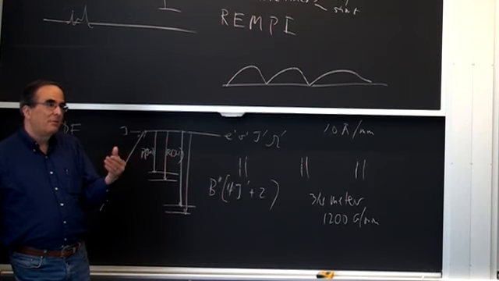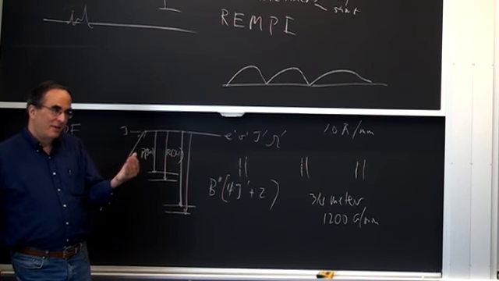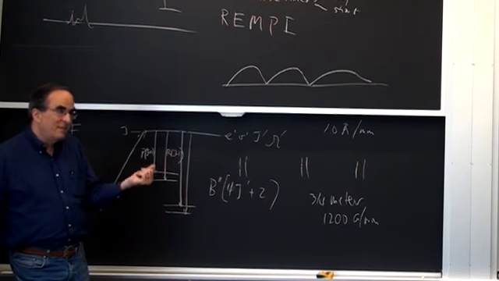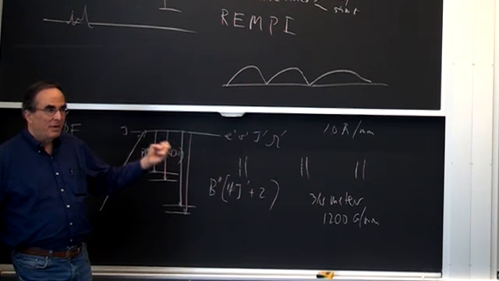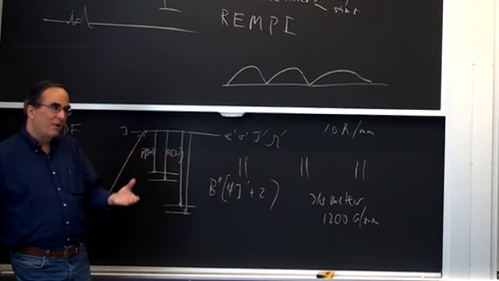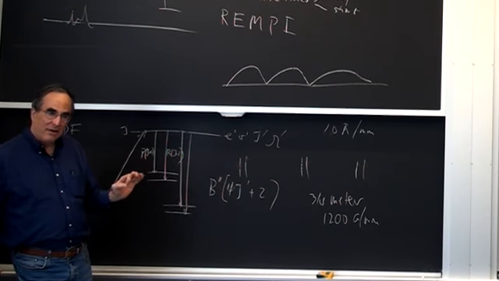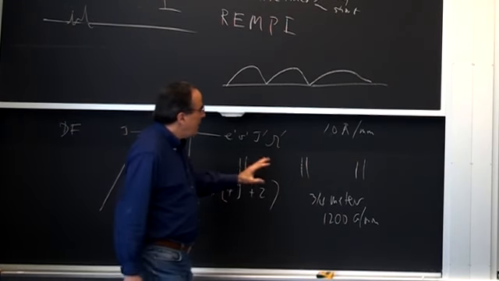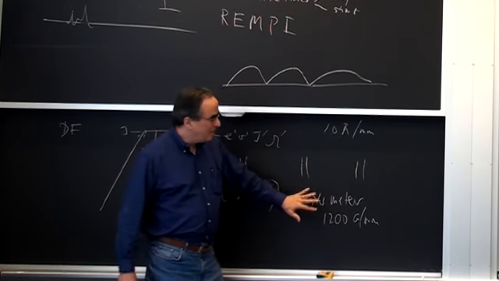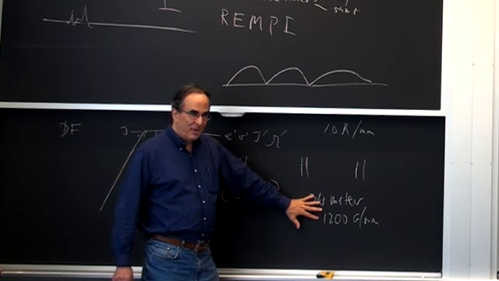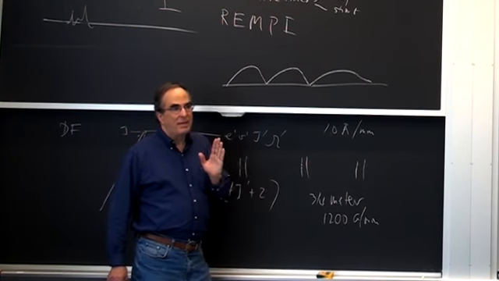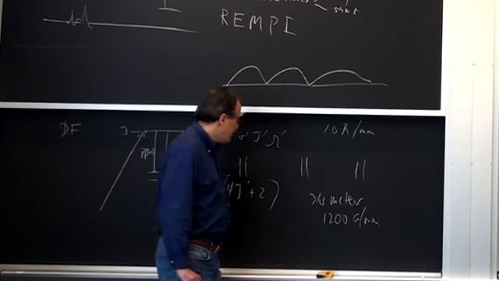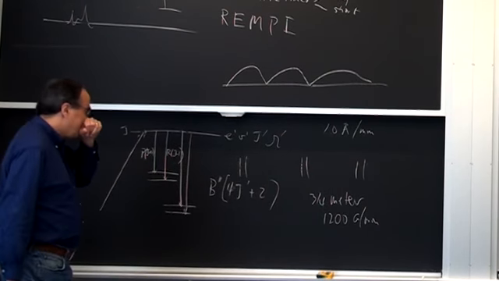And as long as B is larger than 6/10 of a reciprocal centimeter, it'll work. But there are a lot of molecules with B smaller than that, and then you have to work a little harder. So this is pretty good for most classes of experiments, but it's right on the edge when B is 1/10 of a reciprocal centimeter.